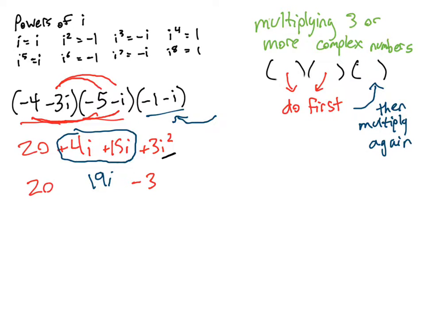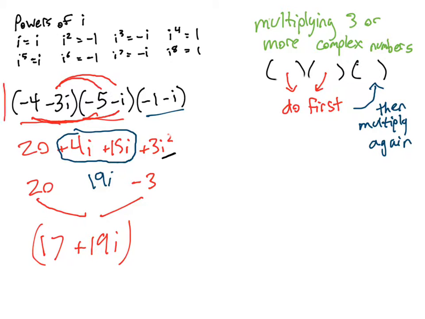And now we can combine together 20 and -3 to get 17. So we have 17 plus 19i from multiplying together these first two expressions.